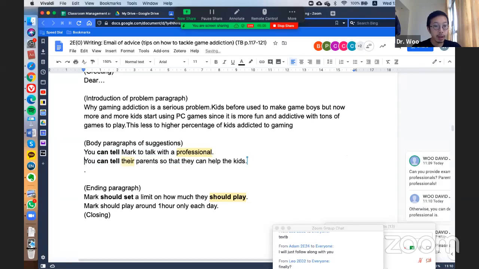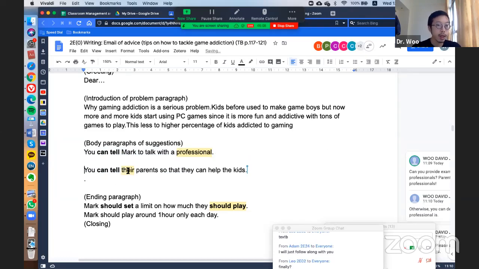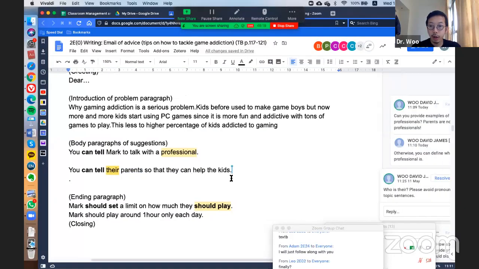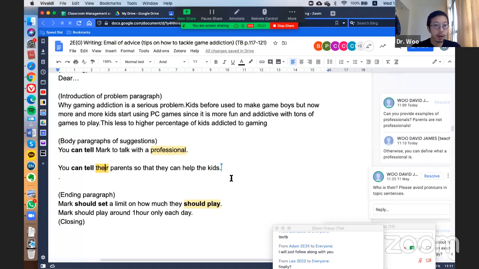You can tell, I'm going to just do it for you, you can tell Mark's parents so that Mark's parents can help Mark. Remember, Dr. Ayush, as I wrote here, who is there? So there are only three characters.